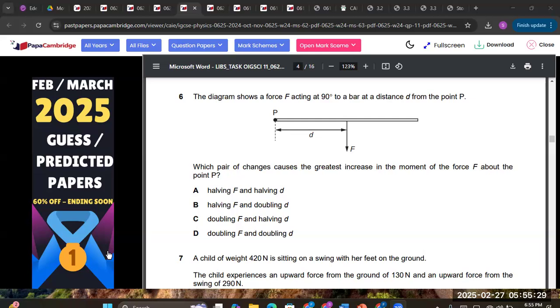This one would also be D, right? The last one. Yes, the last one, correct.